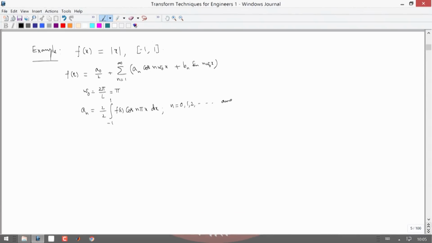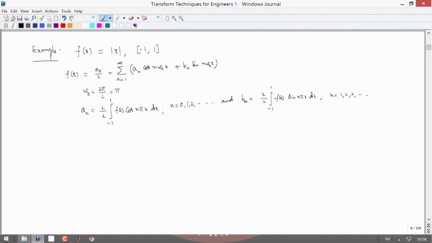And B n is 2 by L, the period, here it is 2 again, from -1 to 1 f x times, now we have the multiplication function sin n pi x dx. So, again n is running from 1 onwards. If you keep n equal to 0 here, that is 0, so there is no contribution for B n, n equal to 0. So, we just calculate these A n's and B n's.